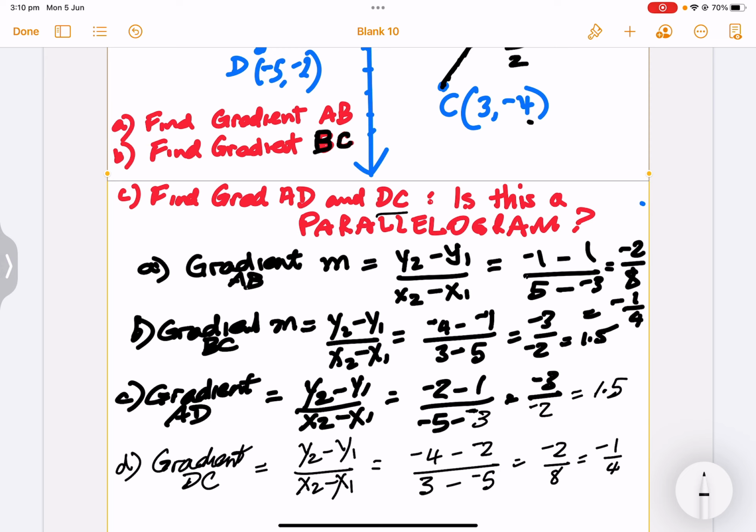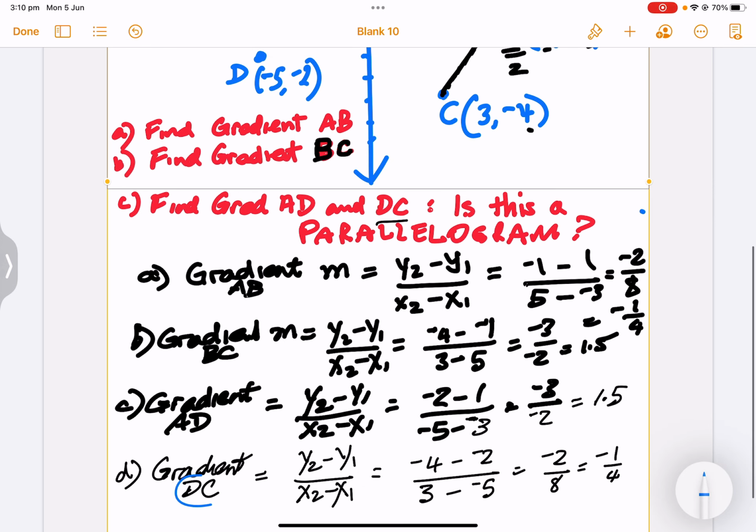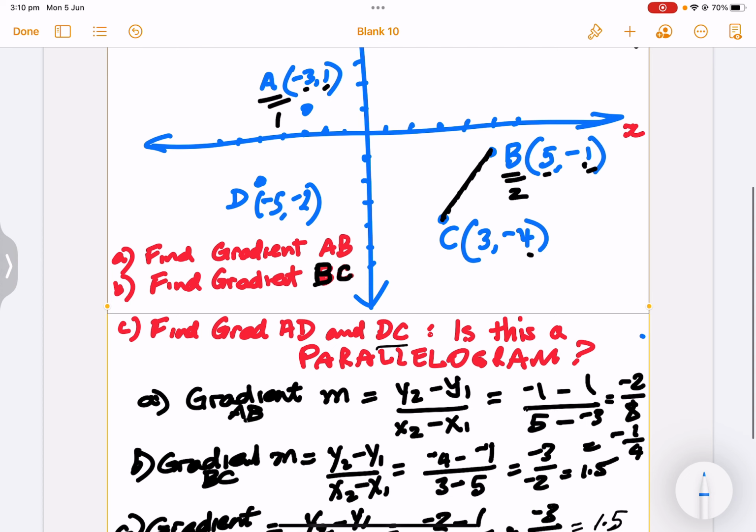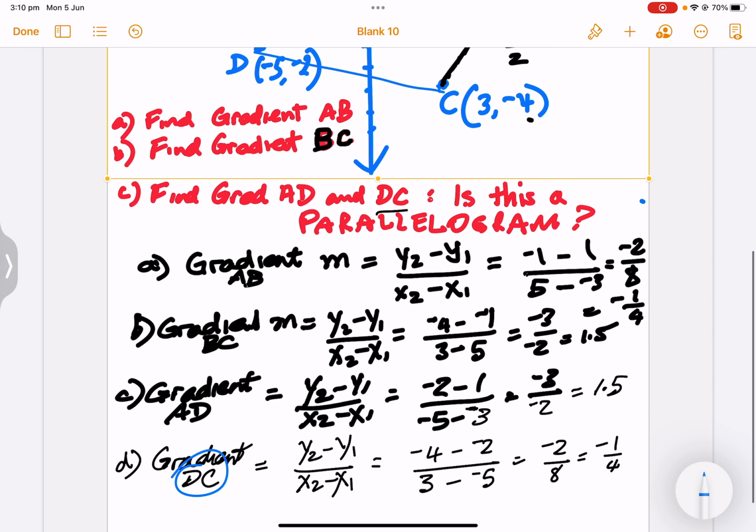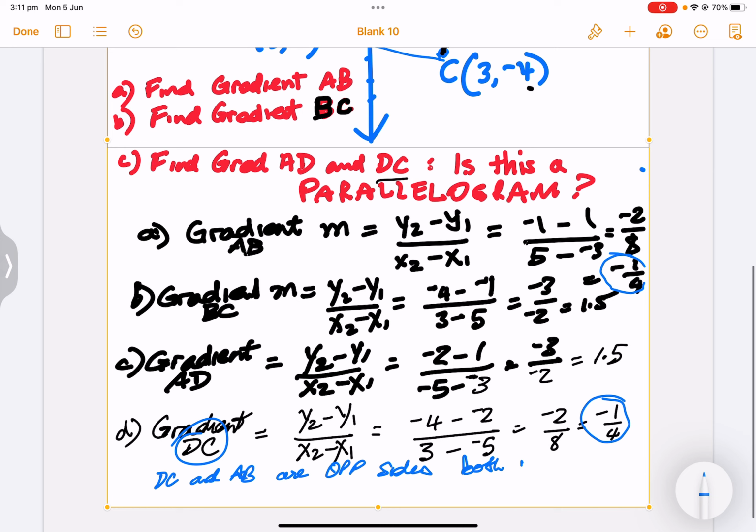And so, is this a parallelogram? Well, DC is opposite AB, and the gradient of AB is -1/4. The gradient of DC is -1/4. So DC and AB are opposite sides, both gradient -1/4.